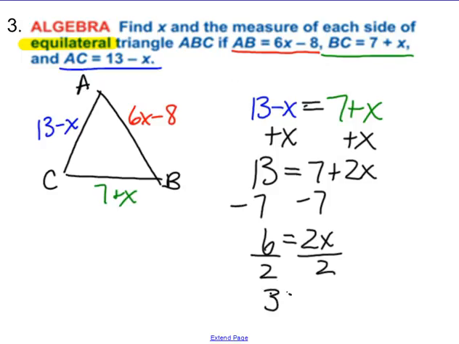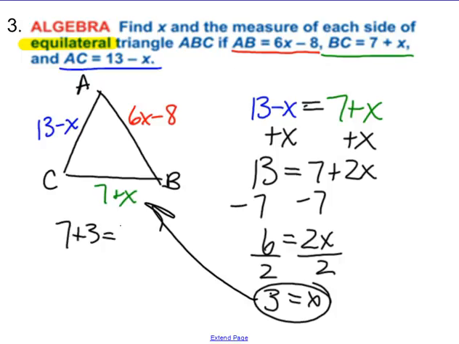So x is going to be 3. And now it says find the measure of each side. So I'm going to plug it back in to one of these expressions here. And why not do 7 plus x, because that's really easy. So 7 plus 3 equals 10. So each side is going to be 10.